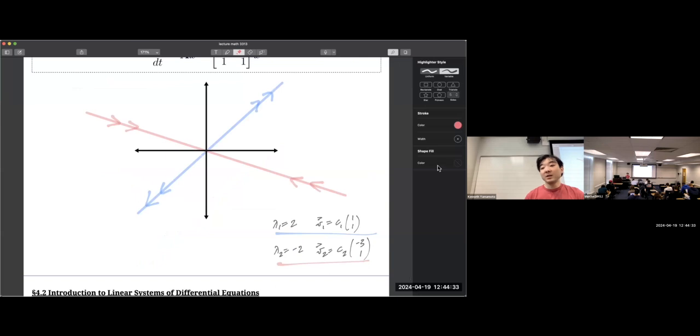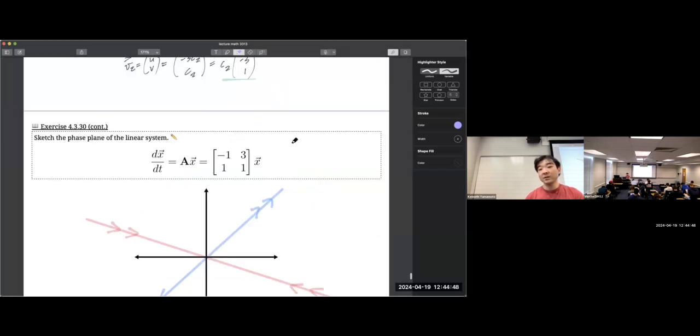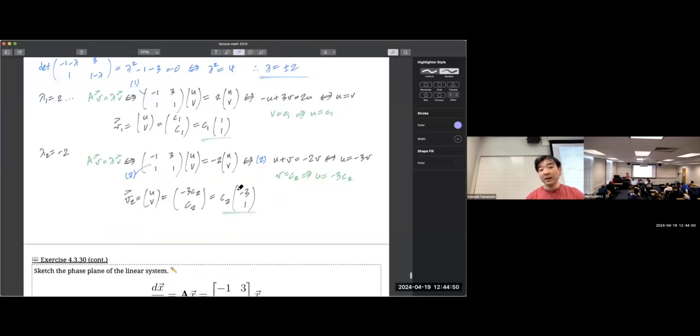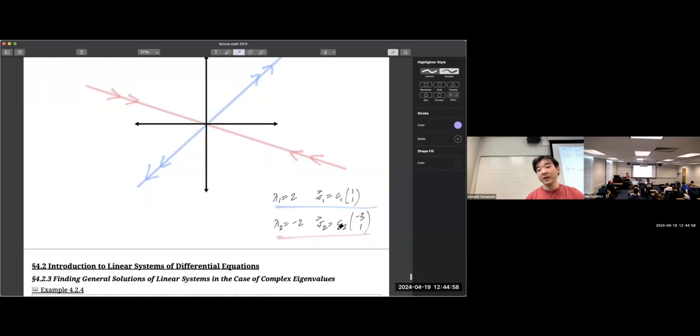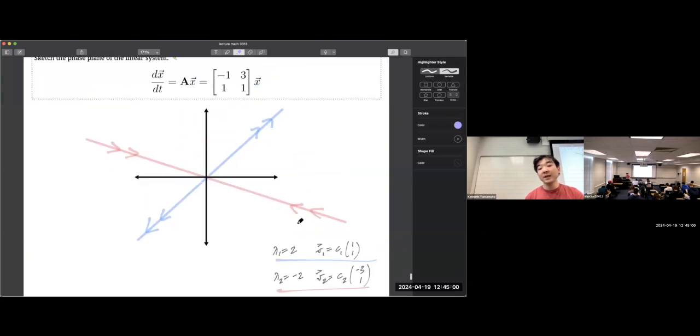So the way it's going to look is, as I approach the origin, if I was on this red, I'll go in. But if you're out here, one of the eigenvalue directions, the one with eigenvalue -2, is going to have solutions with e to the -2t.